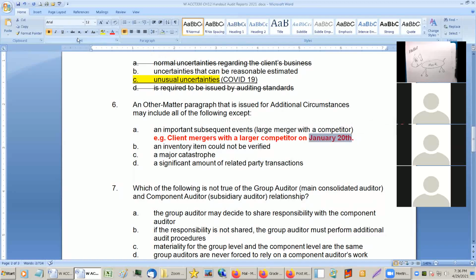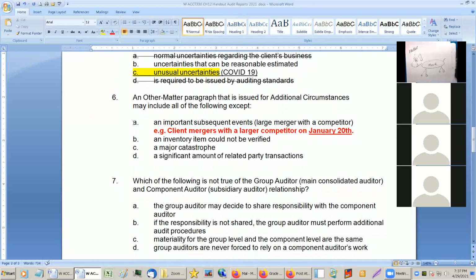This happened after the year end, so the financial statements at December 31st won't have this. But you may want to tell the reader, hey, look, by the way, this company's twice as big now, or whatever. So A would definitely be an other matter.